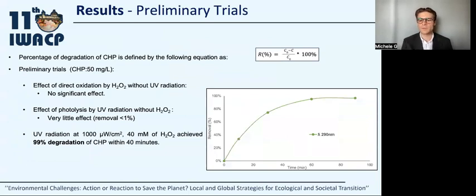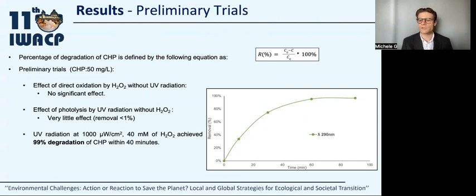The first results that we obtained were the preliminary trials, and they were performed prior to the experiment in order to determine the effect of direct oxidation by hydrogen peroxide without UV radiation and the effect of photolysis by UV radiation without hydrogen peroxide.